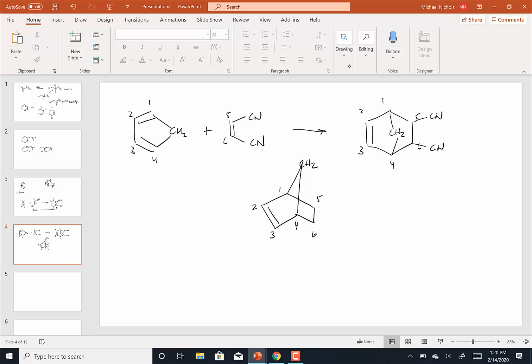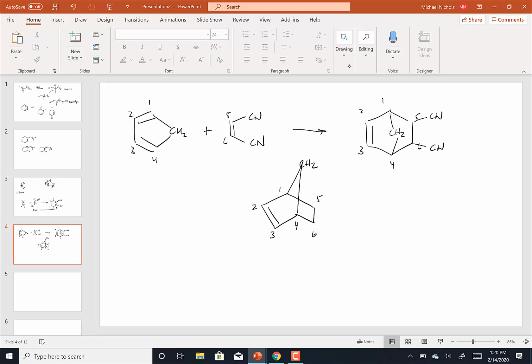Last semester in my class, we talked about numbering and naming the bicyclic ring systems. So this would be like a bicyclo 2-2-1 heptane.